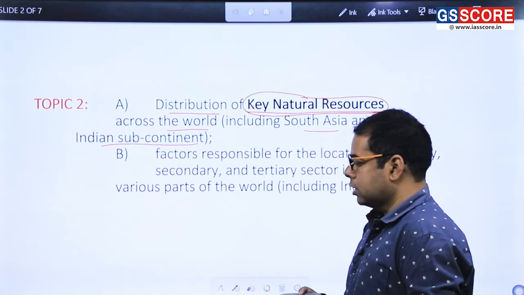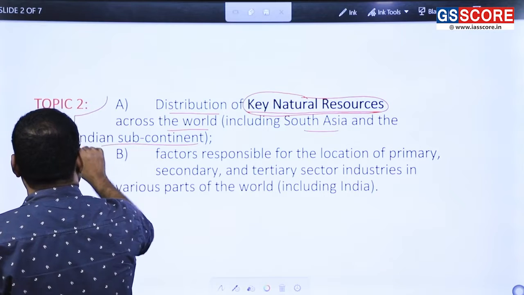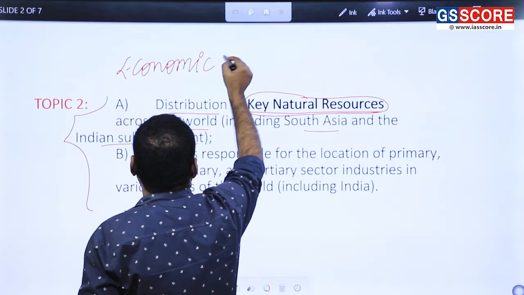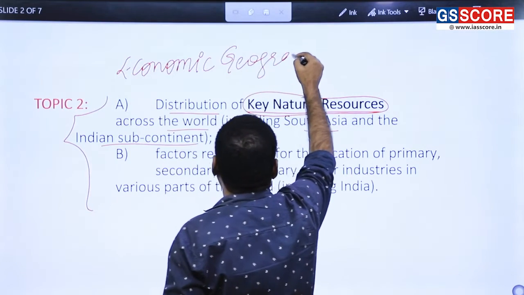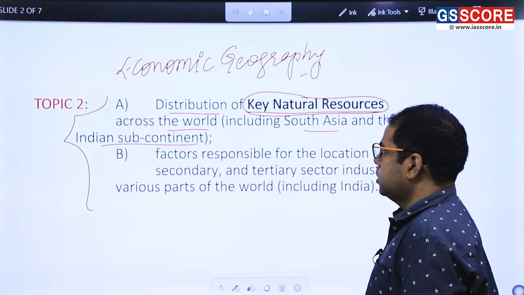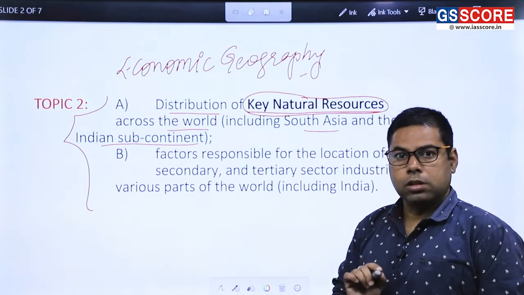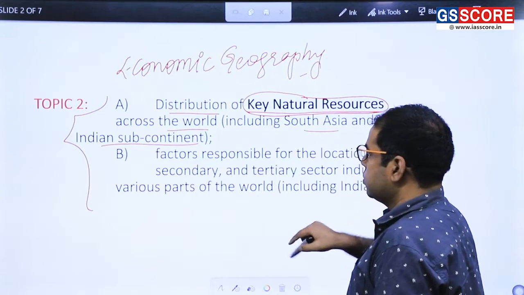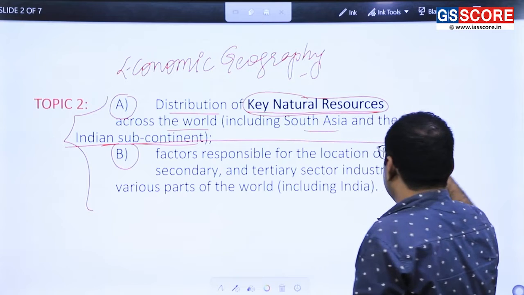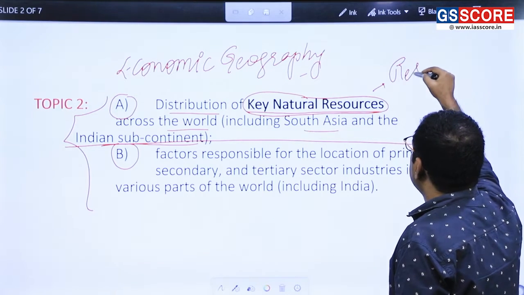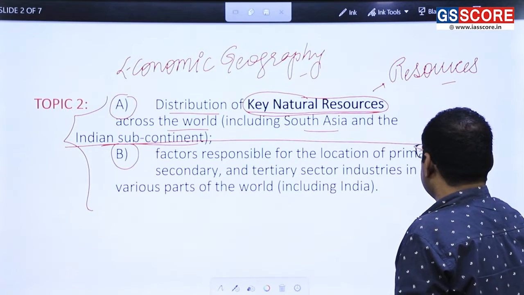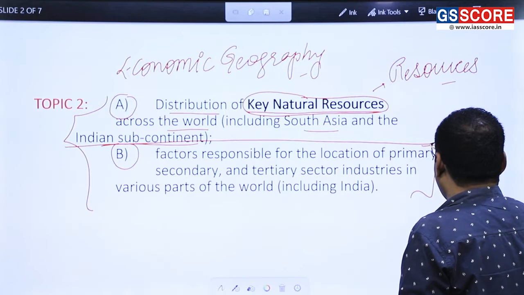So this whole topic, as we divided this part, this is economic geography, and I divide this topic 2 of syllabus mains GS1 again into two parts, section A and section B. Section A deals with the resources and section B deals with economic activities.